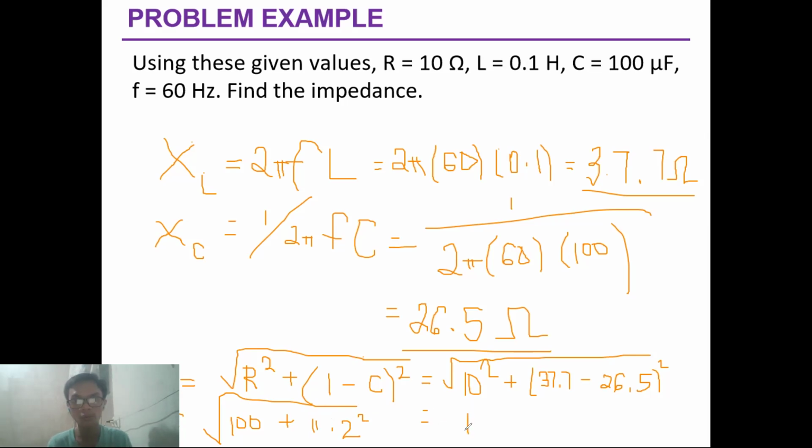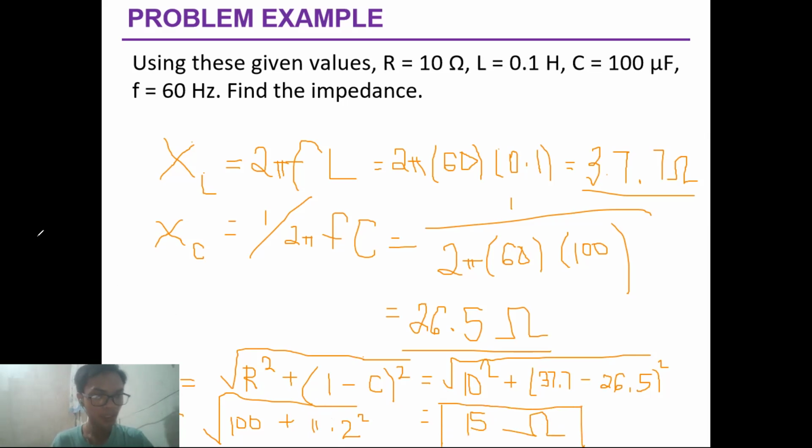So we will get 15 ohms. Therefore, the impedance is equal to 15 ohms.